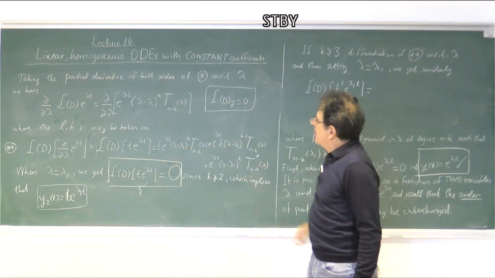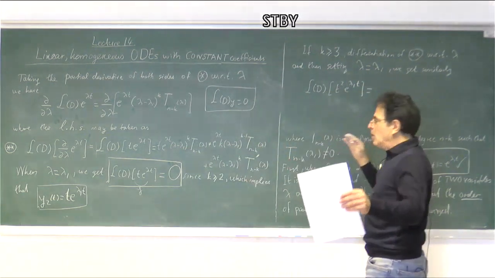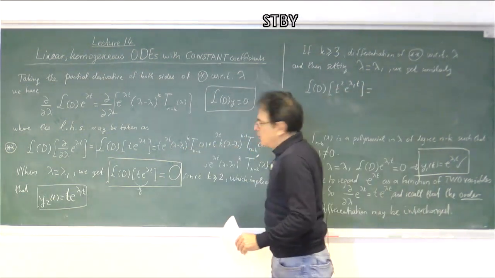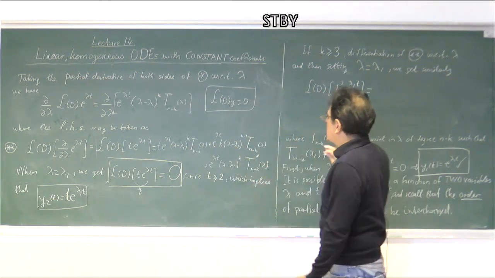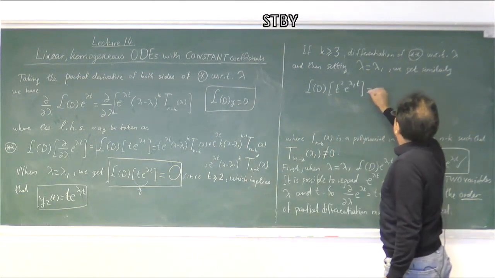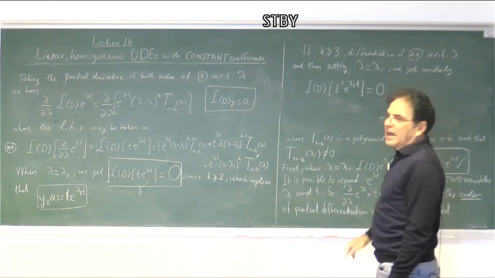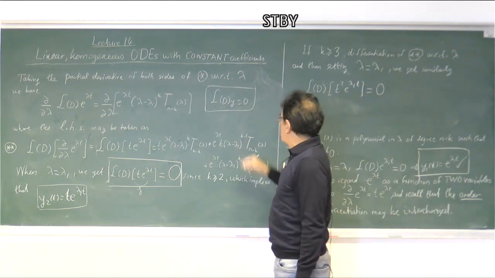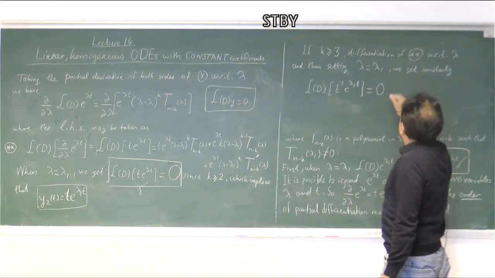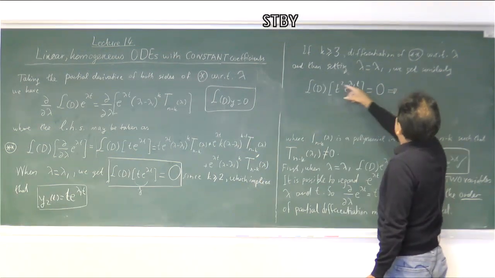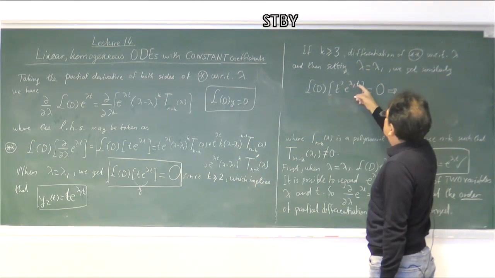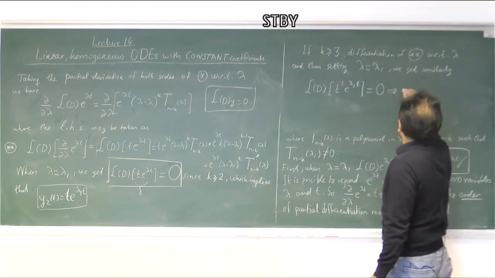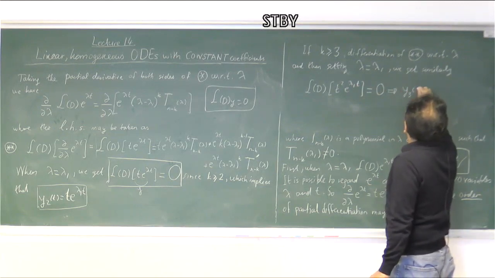This is a little bit long, some long calculations, but straightforward. So we'll see that the right-hand side is 0 when k is larger than 3, which implies that t squared e to power lambda 1 t is a third solution.